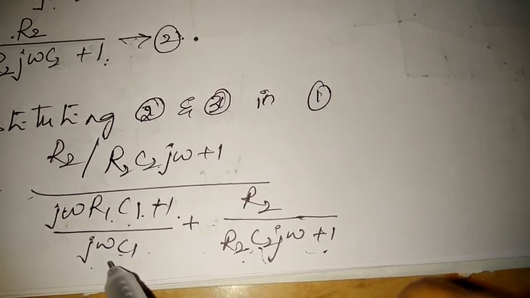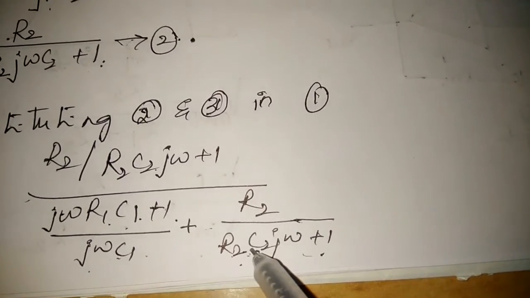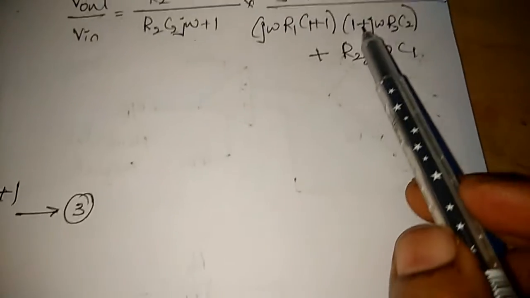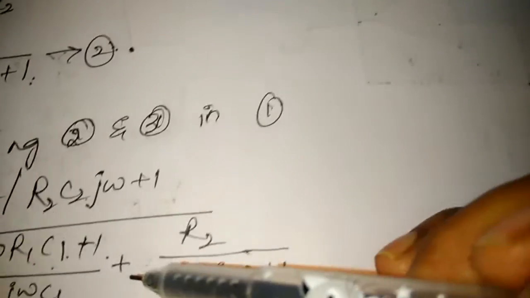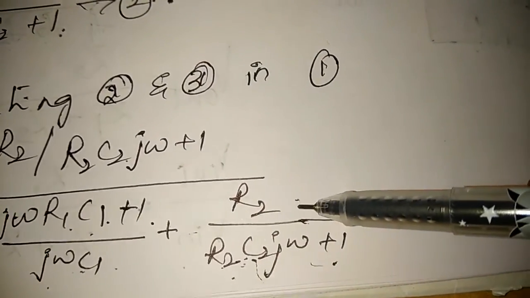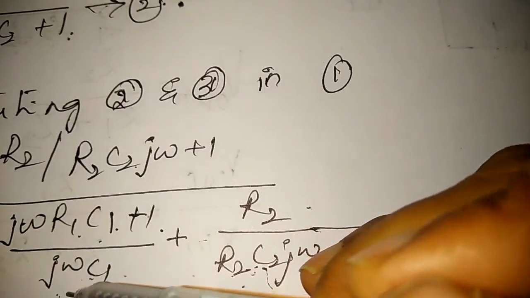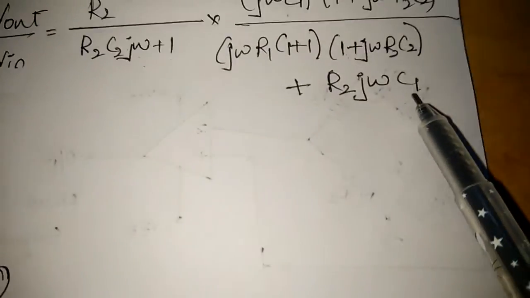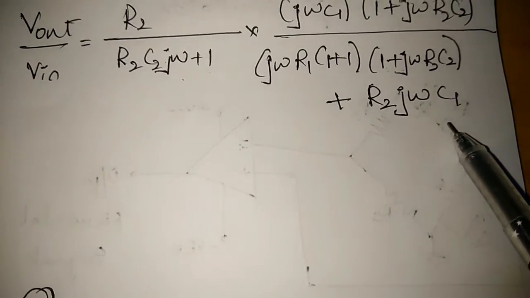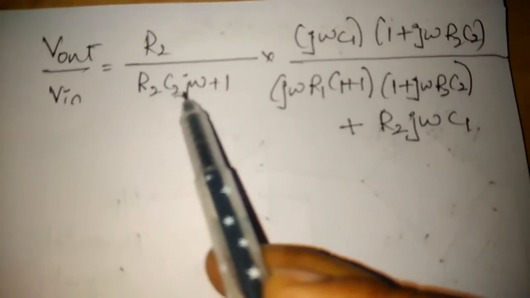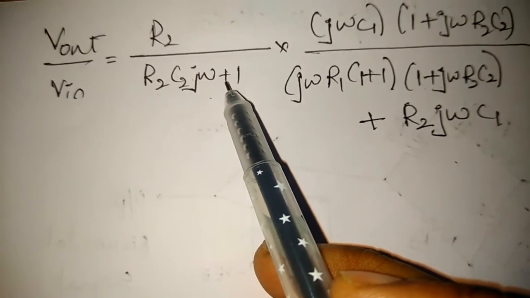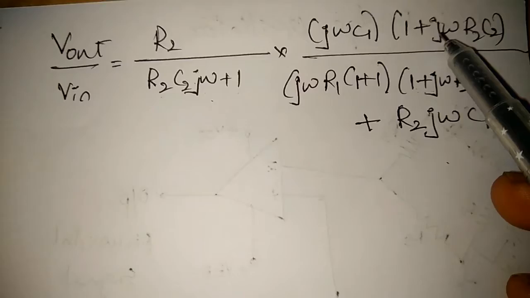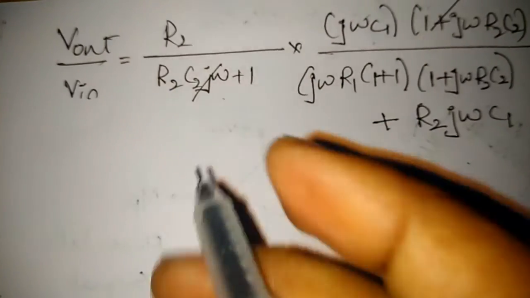Multiplying this with this one, that is what you will get here. The other term is R2, which gets multiplied with j omega C1. That is what I have written here. Now this R2C2 j omega plus 1 and this R2C2 j omega plus 1 get cancelled.